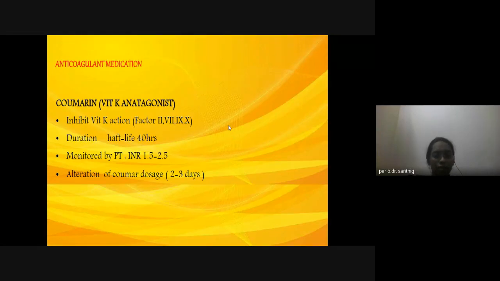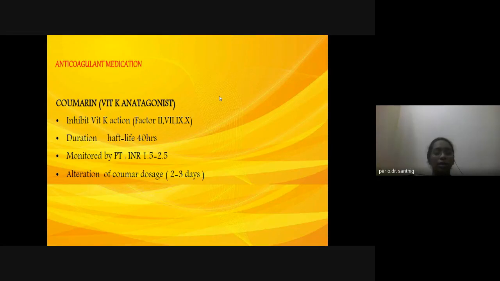These are the drugs which will prevent coagulation, like coumarin drugs. Vitamin K is essential for the formation of factors 2, 7, 9, and 10. As this drug is an antagonist to vitamin K, it will prevent the formation of these clotting factors.